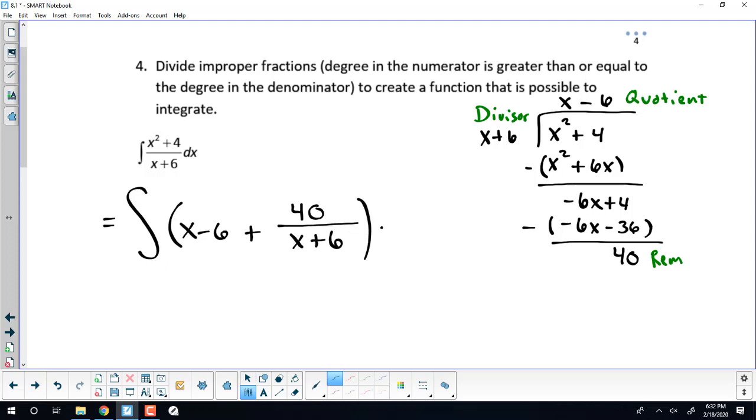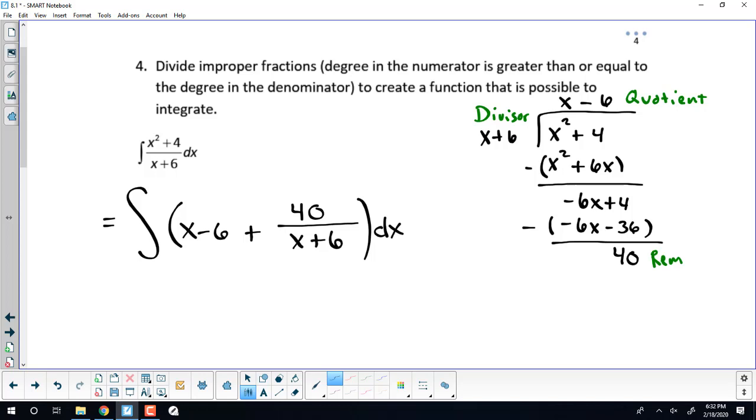Okay, so we have our quotient plus our remainder over the divisor. I think that was right. Okay, integrating x, antiderivative of x, antiderivative of -6. And what's the antiderivative of 40 over x plus 6? 40 natural log of x plus 6.